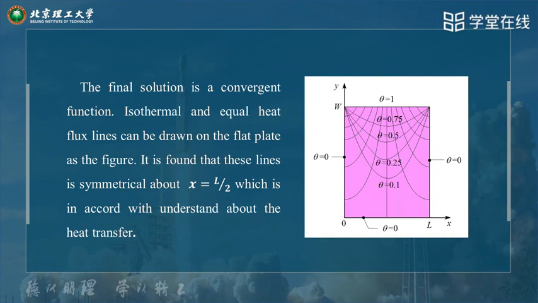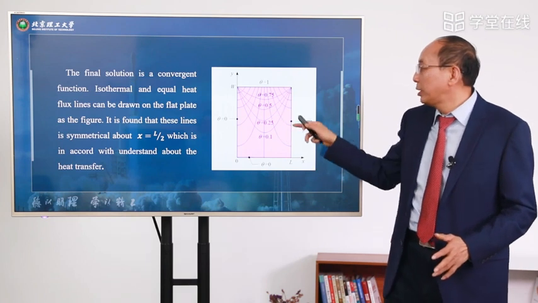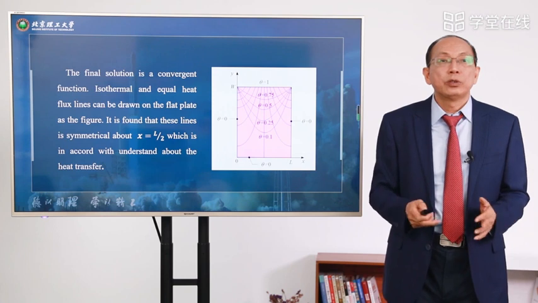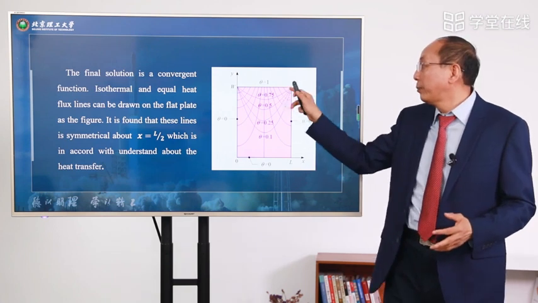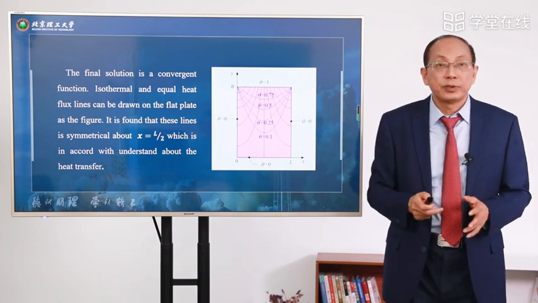Okay, the final solution is a convergent function. The isothermal and equal heat flux lines can be drawn in this picture. You can find many terms and many isothermal lines.